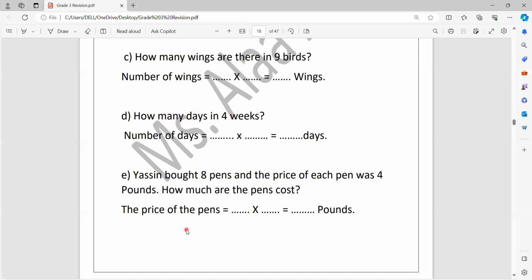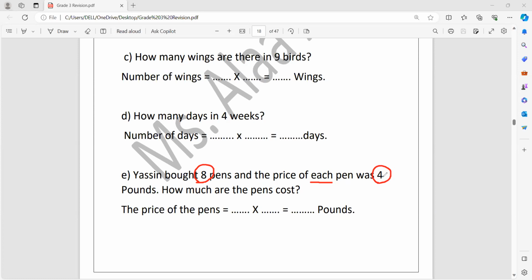The last one in this page. Yasin bought 8 pens, and the price of each, here the word each means for only one pen, is 4 pounds. So how much do the pens cost? So we have 8 pens, and we have 4 pounds for each pen.